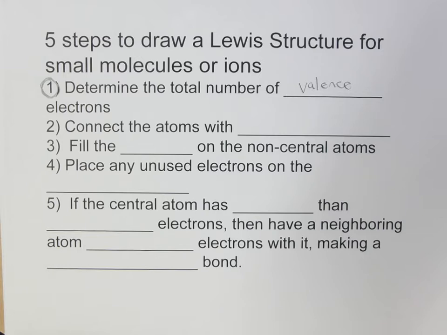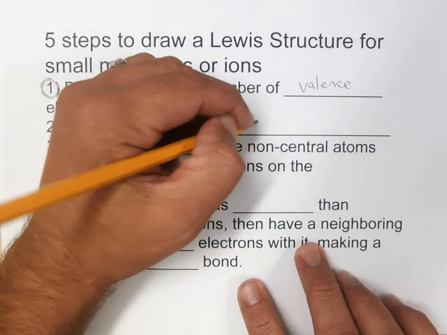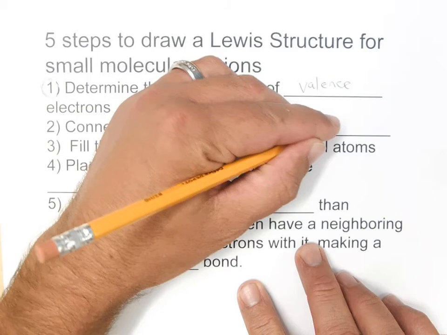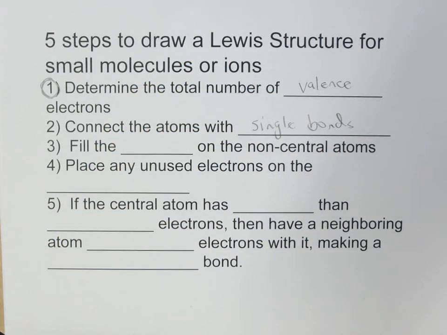The next one is perhaps the easiest thing to do in chemistry, because you're going to connect the atoms with single bonds. And since doing that is just done by drawing lines between the atoms, all you have to do is draw lines between the atoms. And the hard part about this one is sometimes you have to know the connectivity, which is which atoms are attached to what, but we generally give you that.